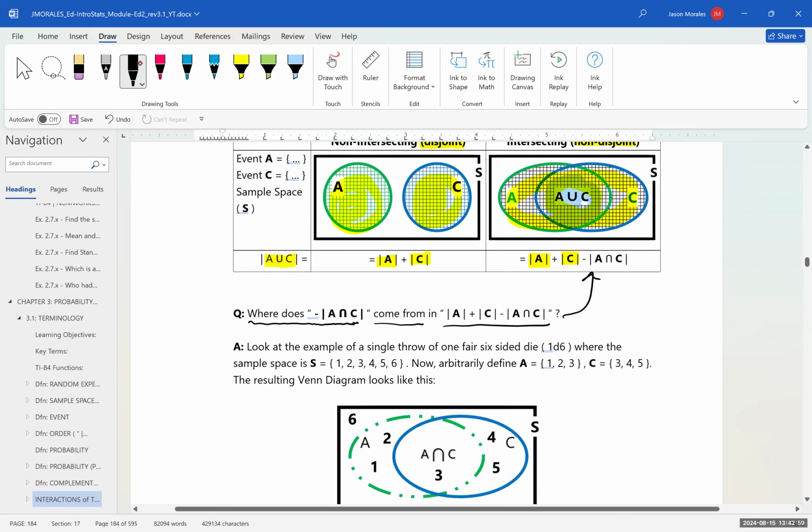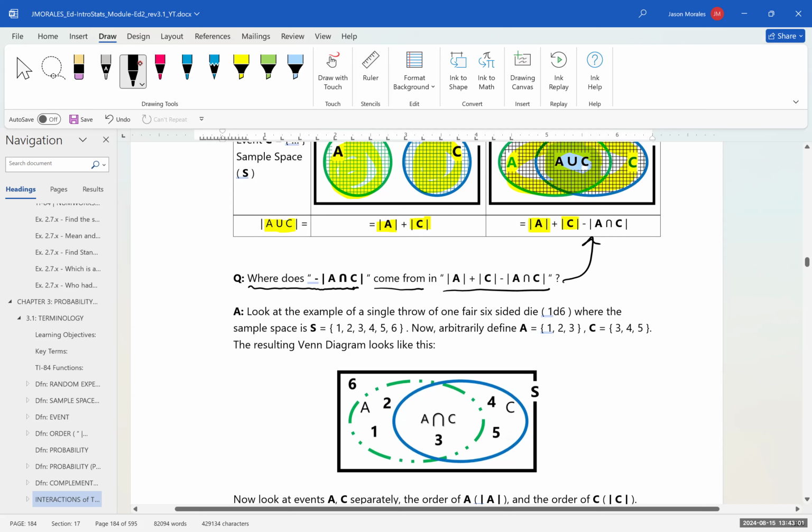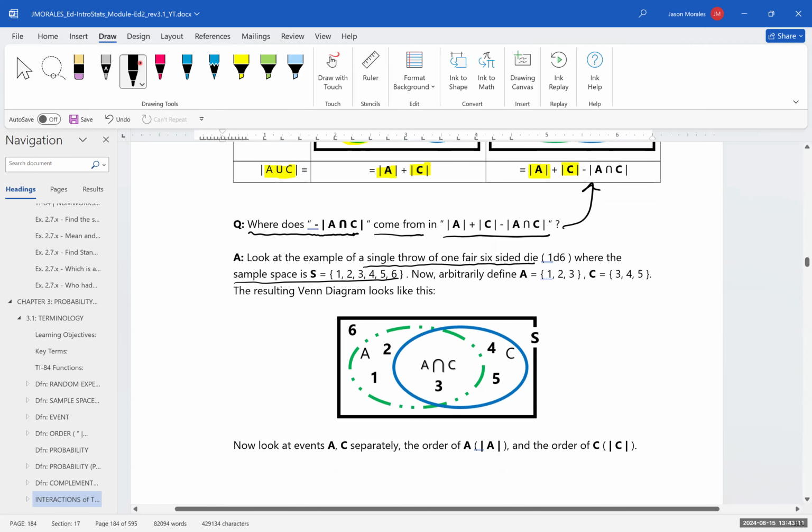To figure that out, let's look at an example of a single throw of one fair six-sided die where the sample space is going to be 1 through 6. And let's define event A to be 1, 2, and 3, and event C to be 3, 4, and 5.